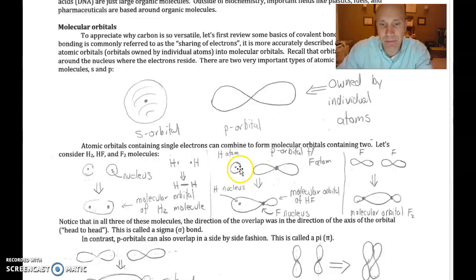And you're going to end up having overlap between the s orbital of the hydrogen and the p orbital of that fluorine, and that's going to create this bond. And when these things overlap, you'll notice this side is a little bit longer now than this side. And that's because this side is formed from that overlap of these two orbitals.